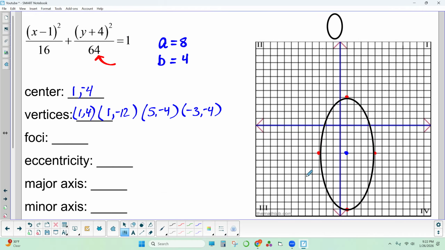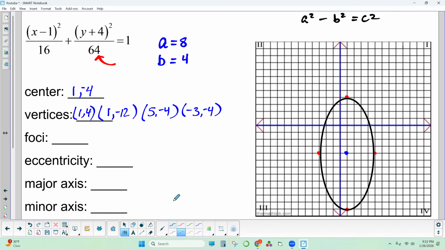All right, now we need to find the foci. So again, we are going to use our focal equation here, which is a squared minus b squared equals c squared.